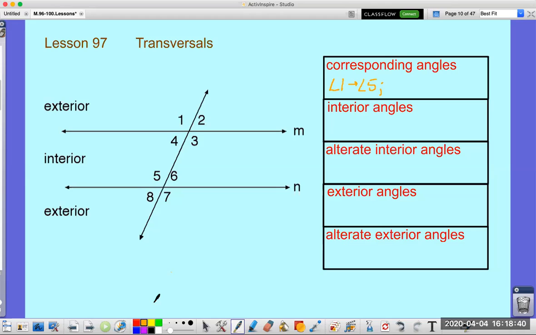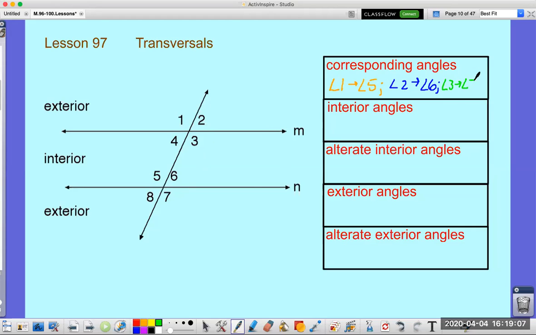Then there's also another pair of corresponding angles. There's one that corresponds with angle 2. Corresponds to what other angle? 6. Right. What about angle 3? If you have angle 3, what does that correspond to? 7, right?